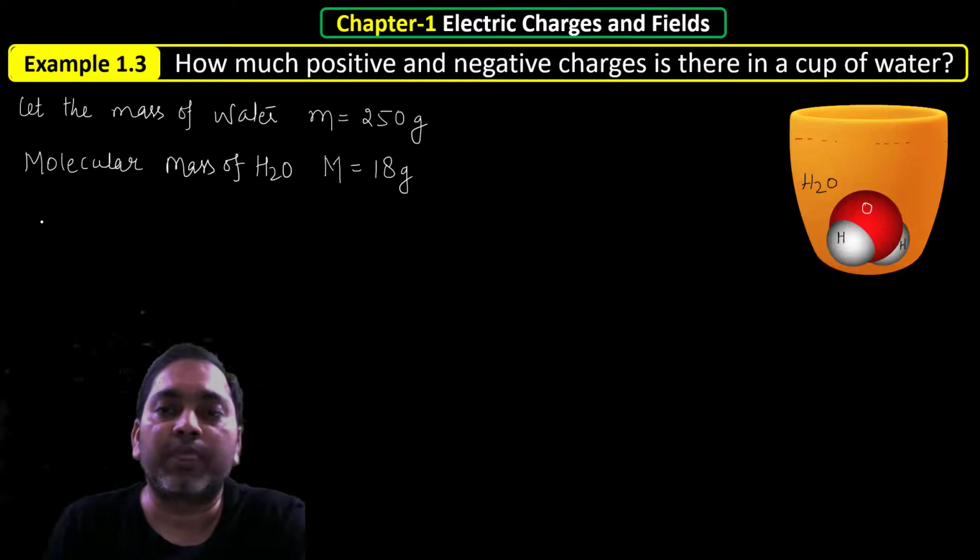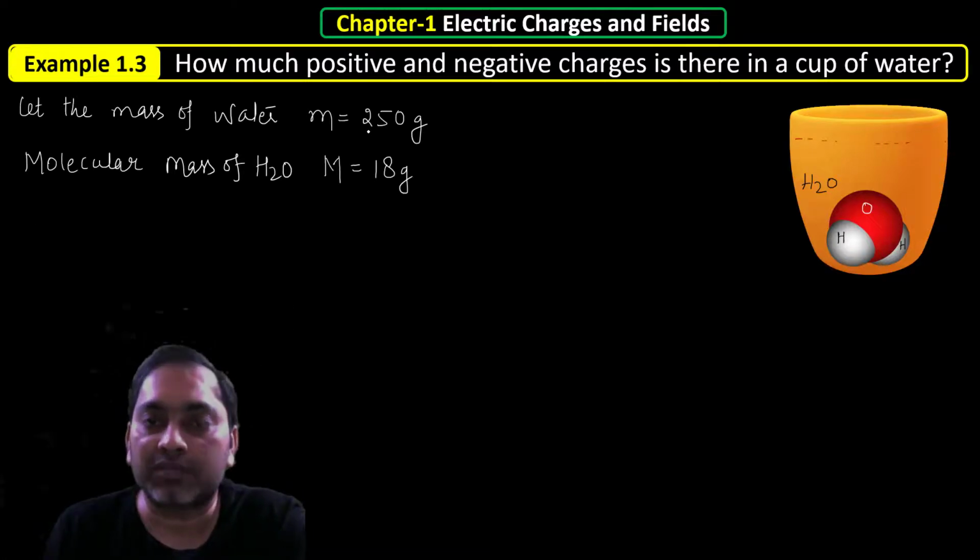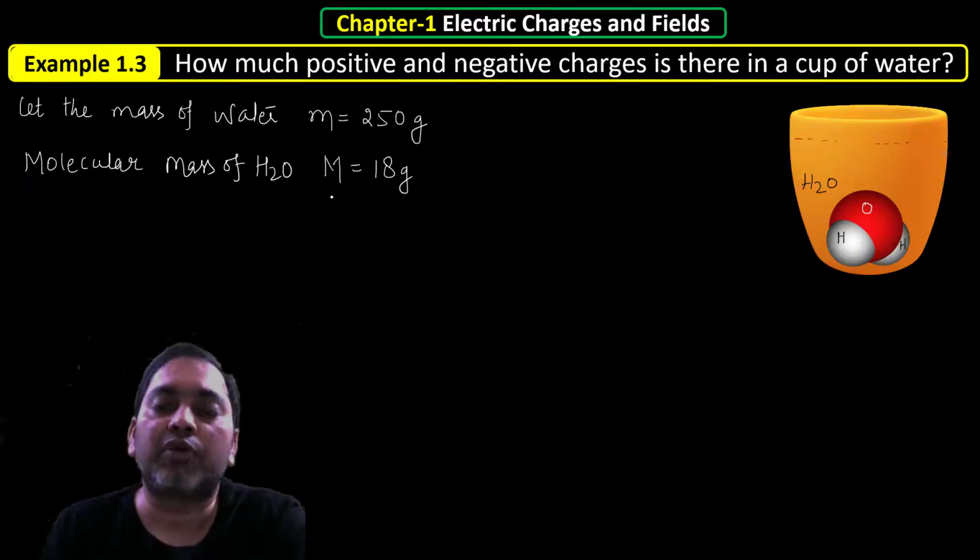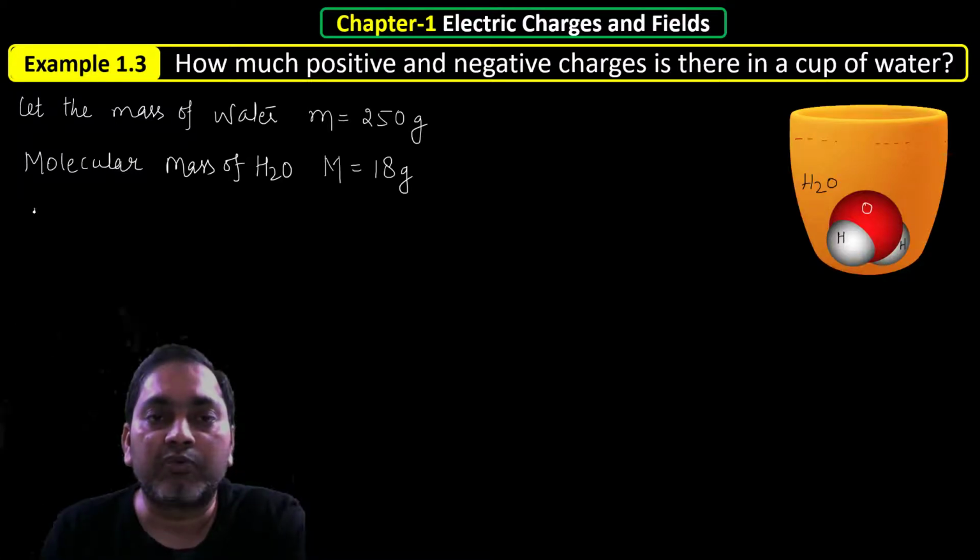Now we have the mass of the substance and the molecular mass of that substance, so we can calculate the number of moles.